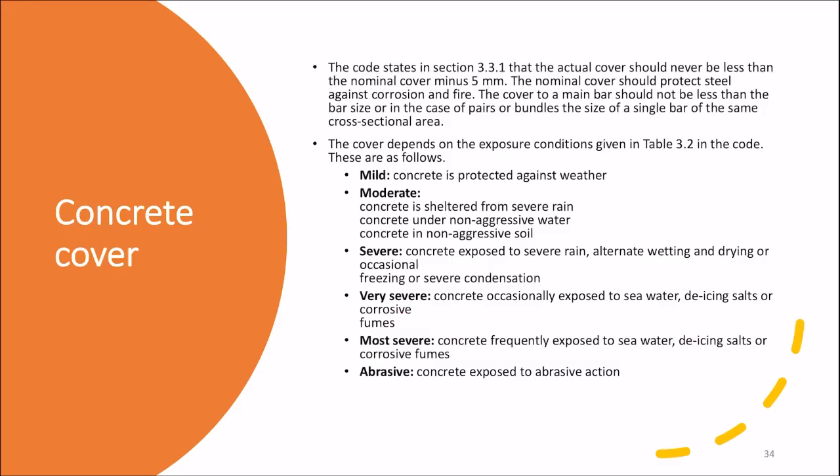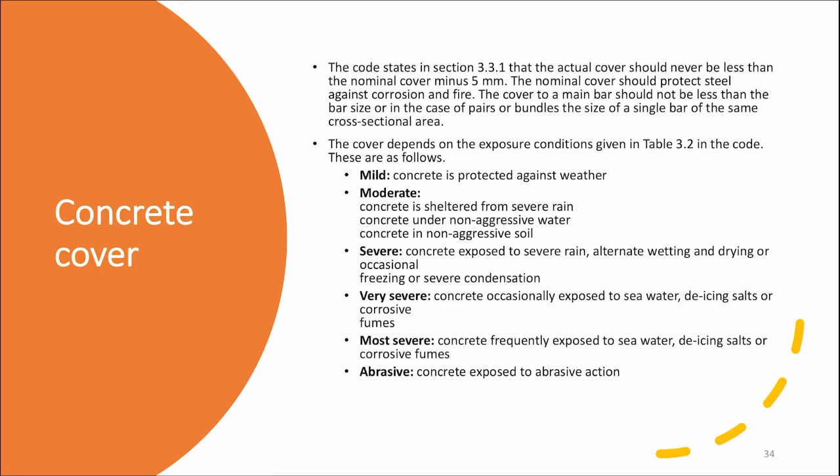The code states in section 3.3.1 that the actual cover should never be less than the nominal cover minus 5 mm. The nominal cover should protect steel against corrosion and fire. Because if there is fire, your steel will melt. So we need very good insulation, and the insulation is concrete.